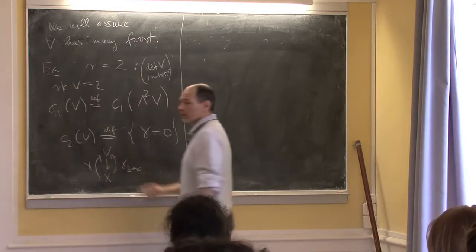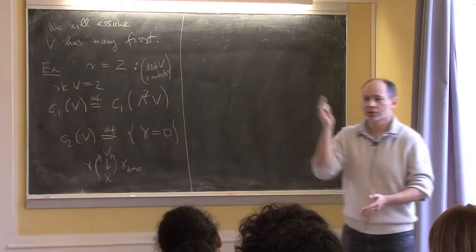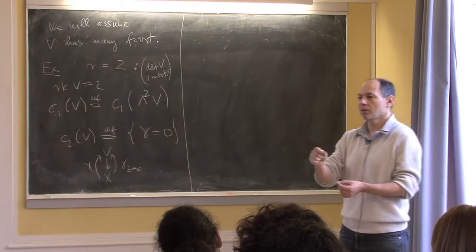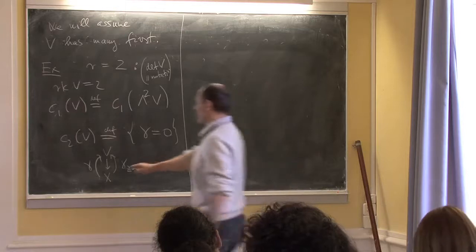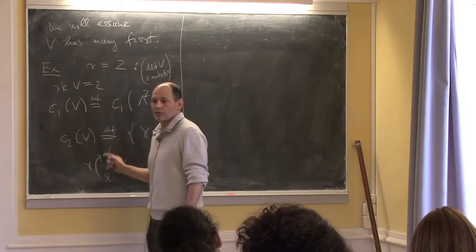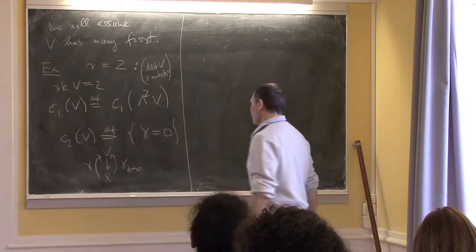So this is a vector bundle. Over each point you have a vector space. So gamma 0 just means that over every point in X you choose the 0 point in V. Okay? And this is clearly an embedding.